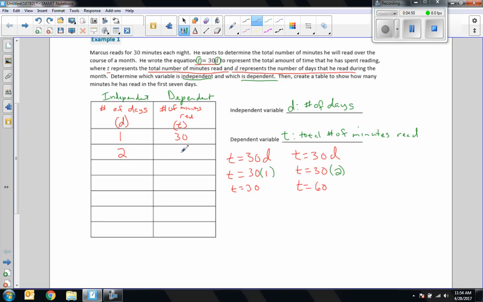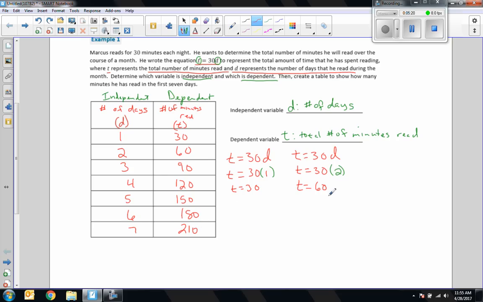So T depends on D. Now I'm going to continue this. If I plug in a 3 here, 30 times 3 would be 90, 4 times 30 is going to be 120, 5 times 30 is 150, 6 times 30 is 180, and 7 times 30 is 210.